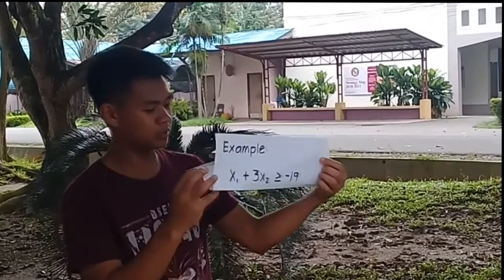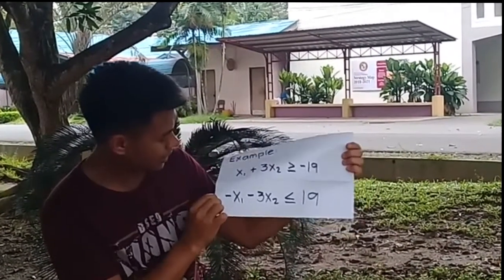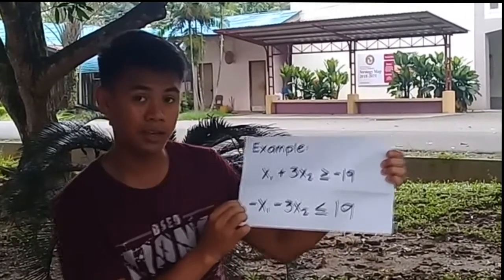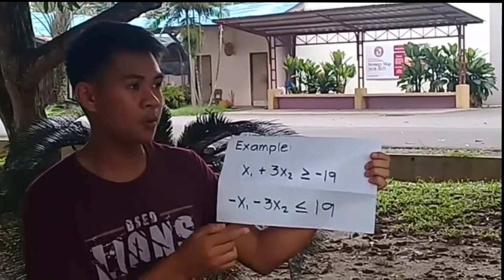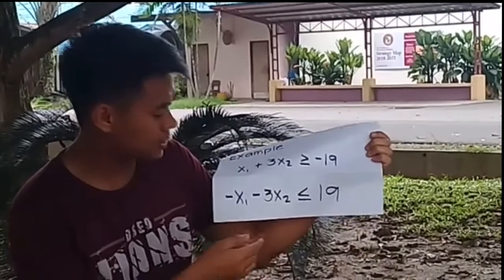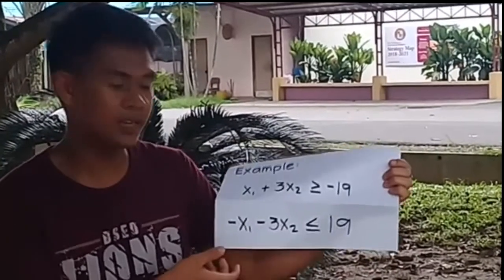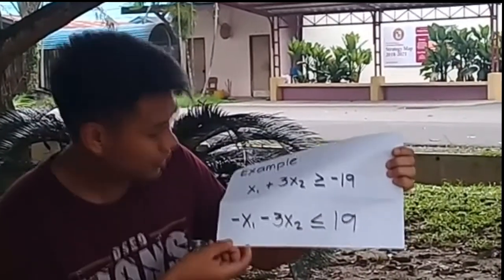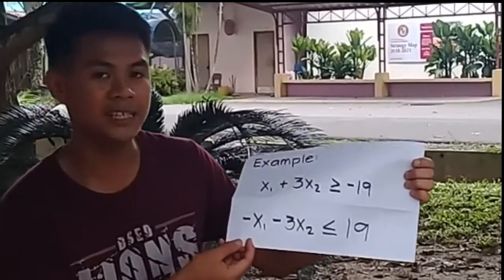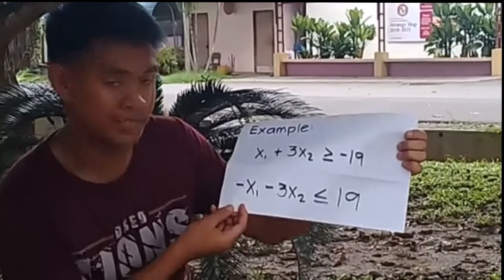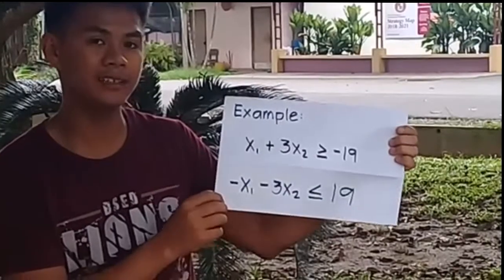Then the result will be negative x sub 1 minus 3x sub 2. Since we multiplied by a negative number, we must also change the inequality. Therefore, it is now less than or equal to 19. So now we have a positive number on the right-hand side. Then there you go.